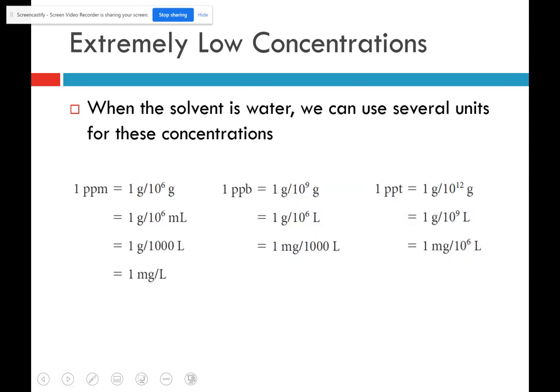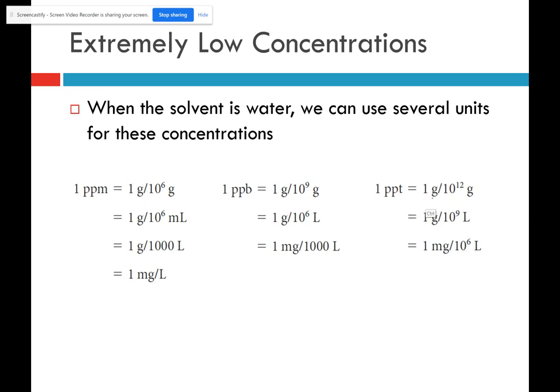The units it's going to come out in, remember, we're talking about really, really tiny amounts. If I have 1 part per million, there's going to be 1 gram of solute in 1 million grams of the entire solution. In parts per billion, there's only going to be 1 gram of solute per billion grams of solution.